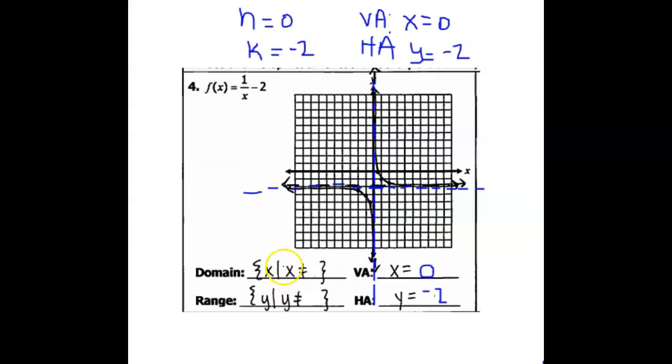We're basically saying this is all reals except x can't equal 0. x cannot equal 0. Same for my range. My range is going to be all reals except y can't equal 0.